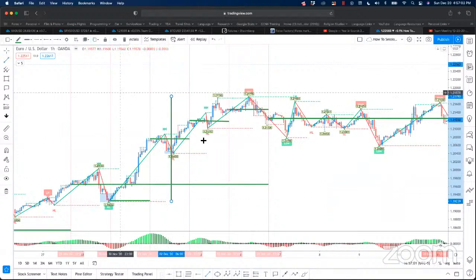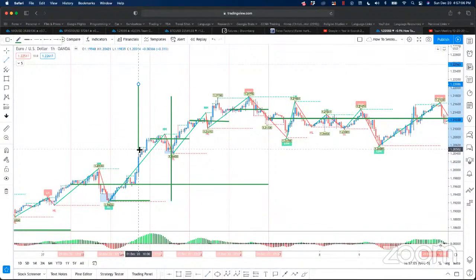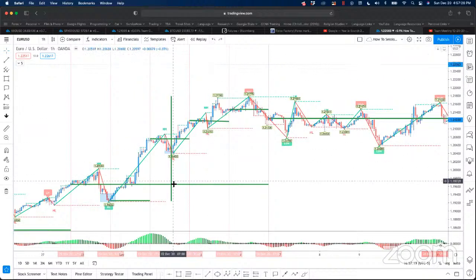So we already made this piece of the candle. We already did this and this. We already did this part, right? So we know we need to make the other side. This was our opening. We haven't made our close, right?